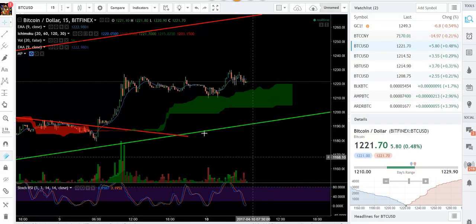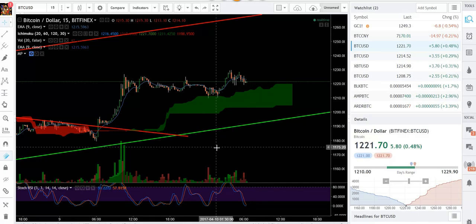Mainly because the Ichimoku is more of a trading strategy in a sense that was developed. It's an indicator, but a lot of people use all the other lines and what they mean when they cross each other for an indication of a trade. And I don't use it that way. I just use it in its simplest form to give me confluence for the trade setup that I'm looking for.